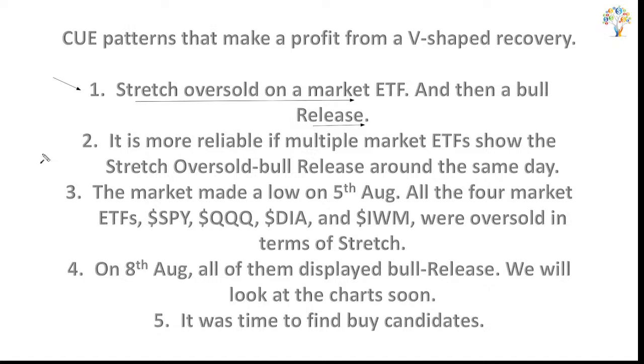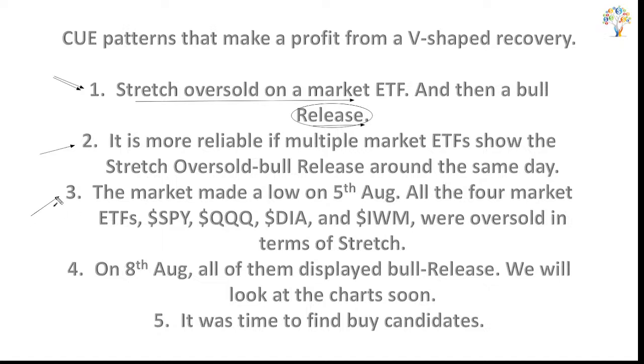Because it is a V-shaped decline and then recovery, a very sharp decline, the market will become oversold at the low point shown by the stretch signal, and that is not a time to buy yet. We wait for a bullish release. That is part of the pattern. It is more reliable if multiple market ETFs show the stretch oversold followed by bull release around the same day.